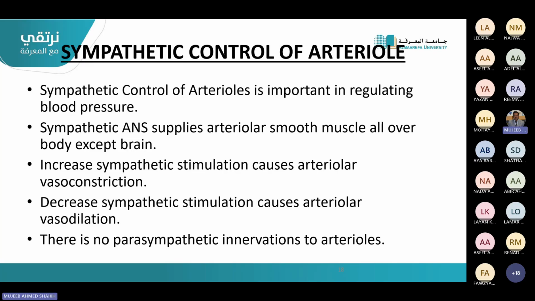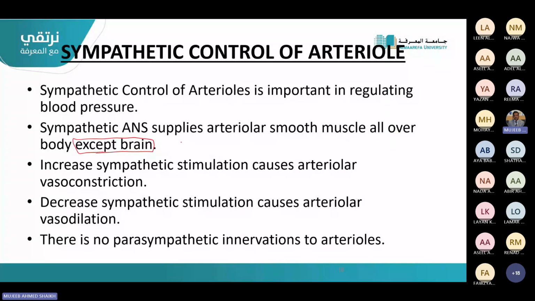Okay, sympathetic control is very important in regulating the blood pressure. Parasympathetic does not have much effect on the arteriole. So sympathetic supply is everywhere except in the brain.